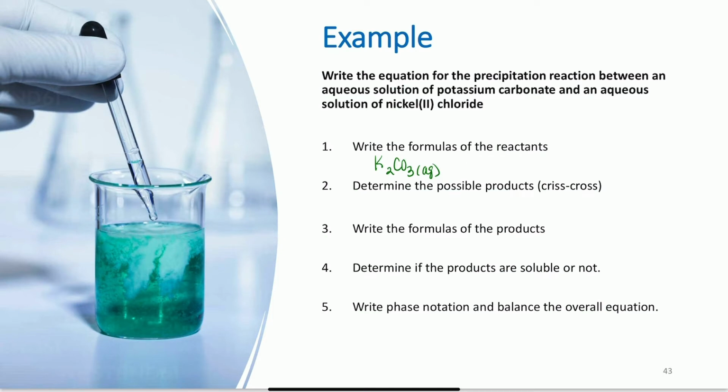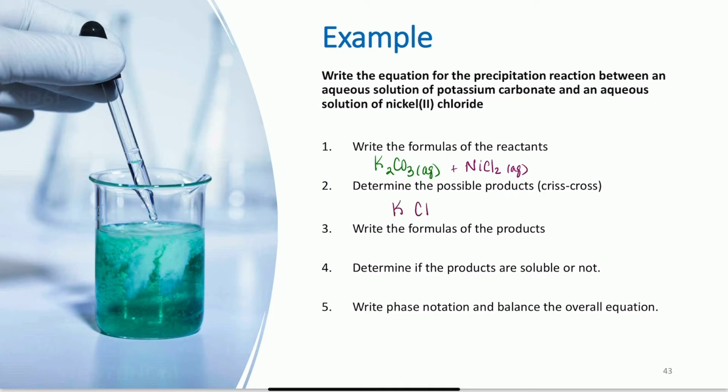Aqueous solution of nickel 2 chloride. Nickel 2 means nickel 2 plus. Chloride ion is Cl minus, which means this is NiCl2, and it does tell me it is aqueous. Determine the possible products. So crisscross.